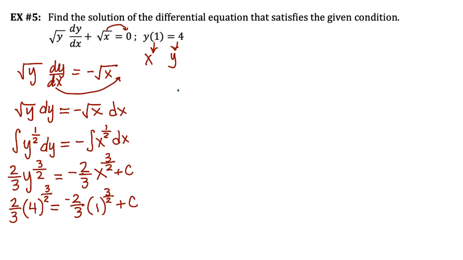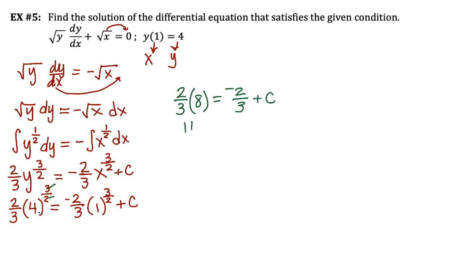So we're going to have 2/3 times 4 raised to the 3/2. That's going to be the square root of 4, which is 2, and then 2 to the 3rd is 8, equals, well, 1 raised to the 3/2 is still 1. 1 times negative 2/3 is negative 2/3 plus c.